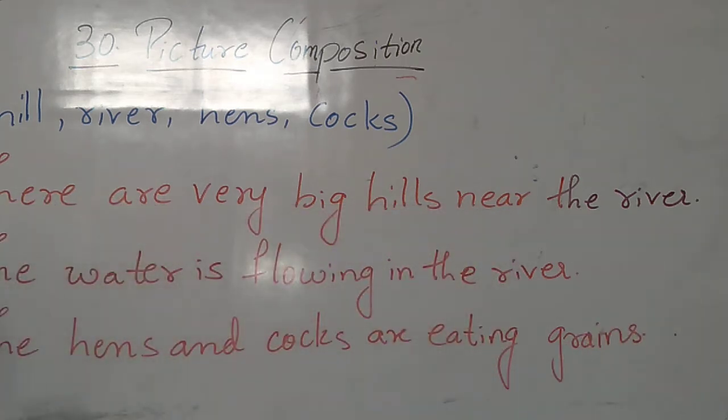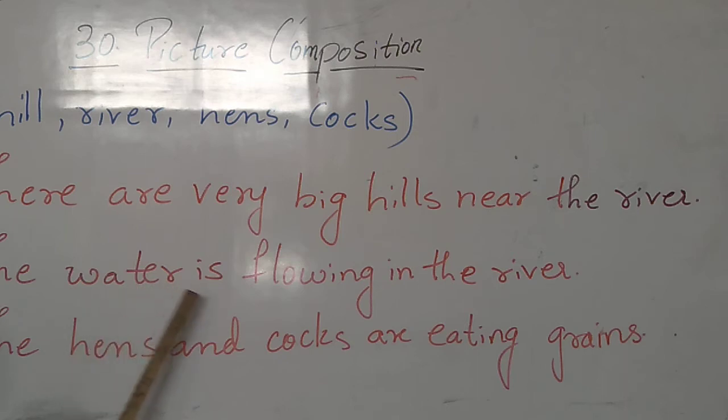So here we see that there are very big hills near the river. Yes, there are very big hills near the river. The water is flowing in the river. Where is the water?